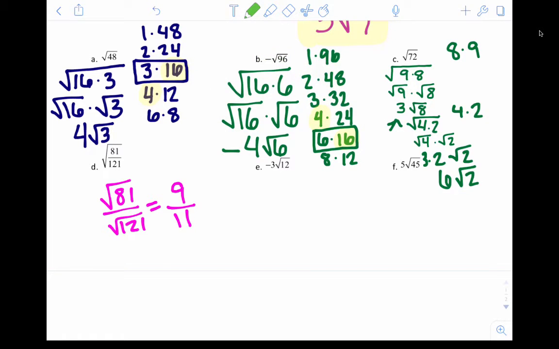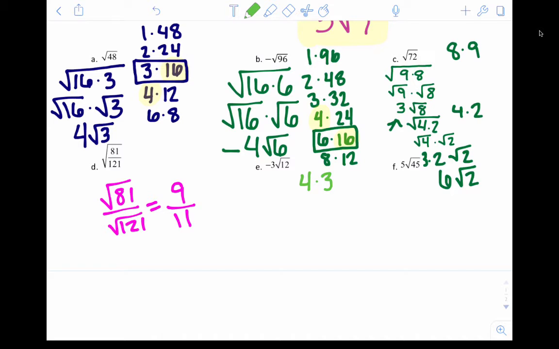Okay, for this next one, I have -3 times the square root of 12. Just like we've done in the past, for now let's worry about the square root of 12 and then make sure we add on that -3. We multiply it once we get square root of 12 simplified. So I know 12 is 4 times 3.